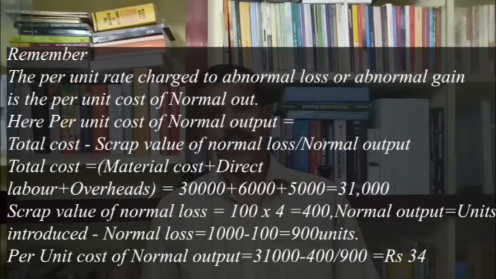Then we get rupees 34 per unit. That 34 is actually the rate we apply to find out the value of normal loss and value of abnormal gain.